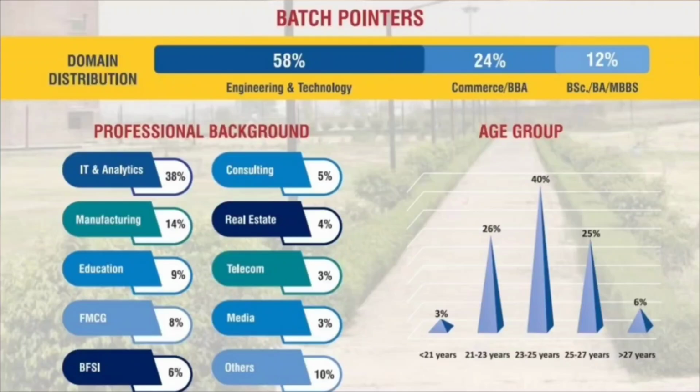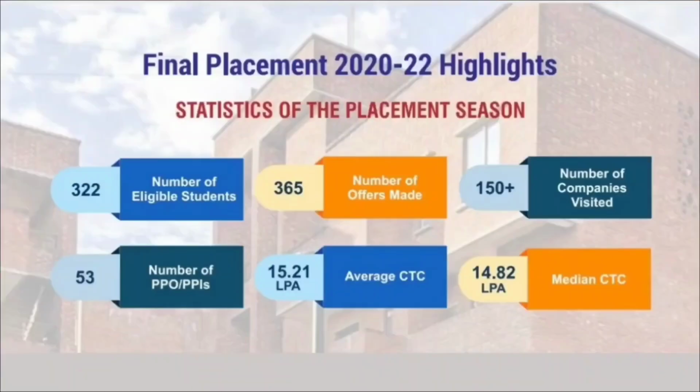Then 58% candidates have an academic background in engineering and technology. 24% candidates have an academic background in commerce or BBA, and 12% candidates have an academic background in BSc, BA or MBBS.